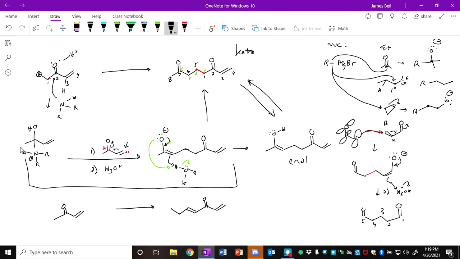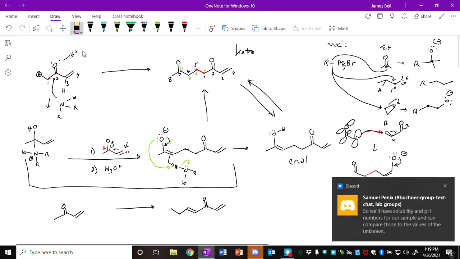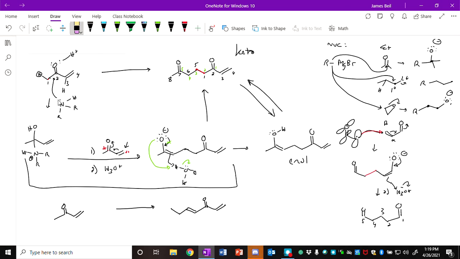Then this nitrogen will be deprotonated. So another amine would come over and pick off this proton to balance out that charge. And then this oxygen once in a while would pick up another proton from a protonated amine or from the acid catalyst to become a good leaving group. And then this nitrogen would shift its electrons in there, push that leaving group out.